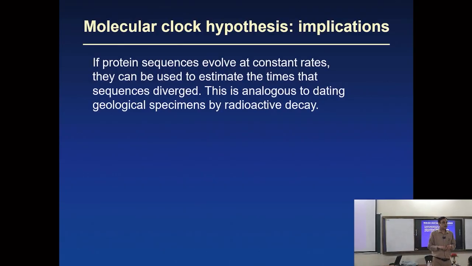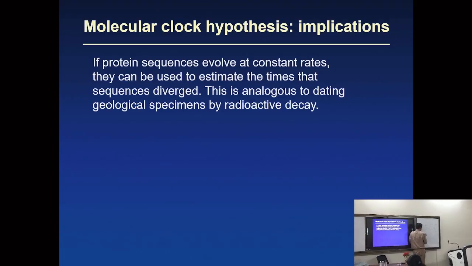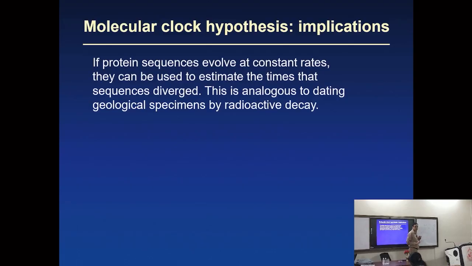Okay, and when you do that, you will come to know that there is a percent change. And we know actually that it's 60. So 1% change takes 20 million years.